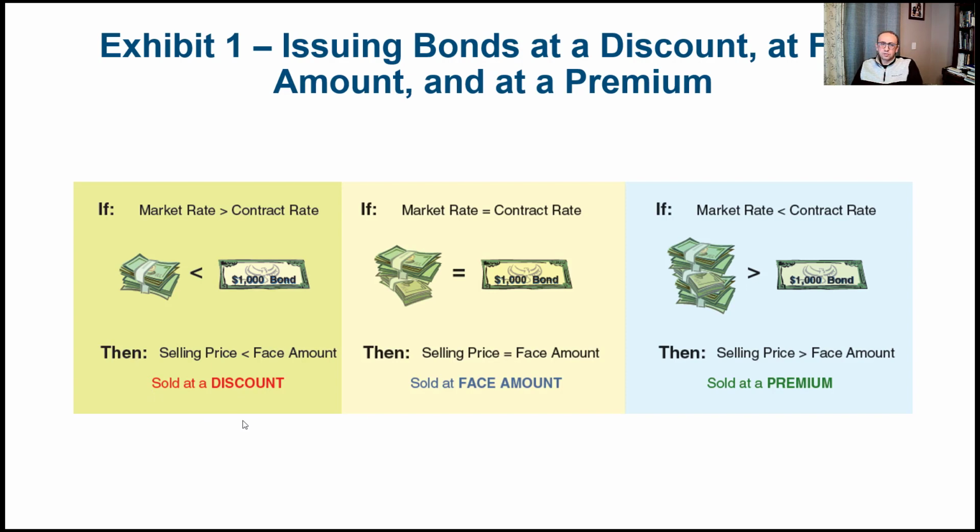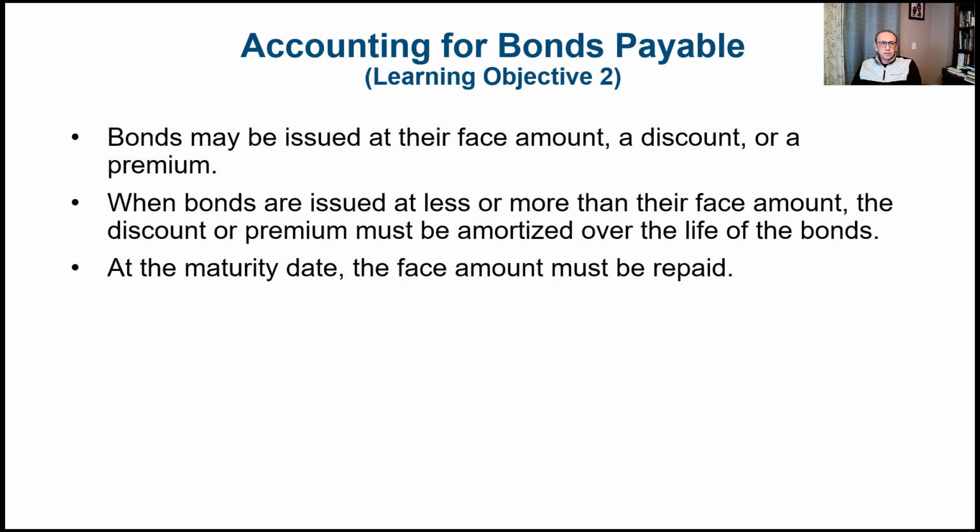So let's say $920. If the market rate is less than the contract rate, then in this case we are more attractive than the market, and it's going to be sold at a premium. So a bond with a face value of $1,000 can be sold for like $1,100 or $1,080 or $1,050. So any value above the $1,000.